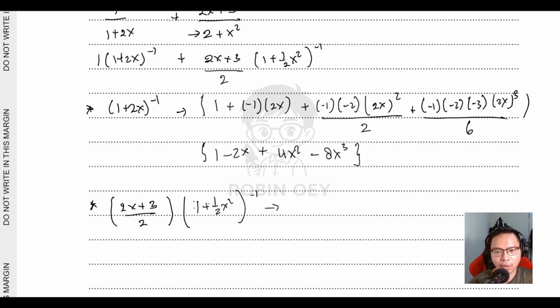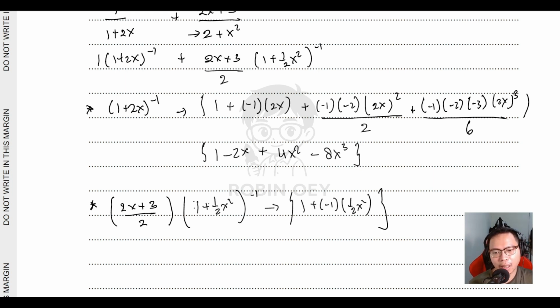Okay, so again, first term is always 1, and then plus nx, which is plus negative 1 times half x squared. Okay, but if we continue, what happens is the next would be x to the power of 4. Because half x squared to the power of 2 is x to the power of 4, and it already exceeds what we want. So we stop here.